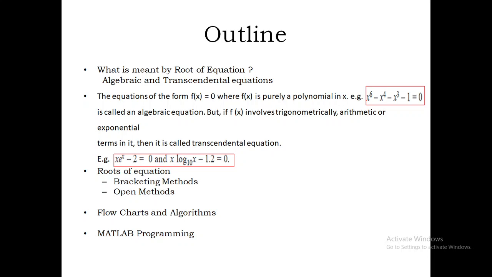The bracketing method is divided into two types: the bisection method, also called the half interval method, and the false position method, or regula falsi method. The second is the open method, which has two types: the Newton-Raphson method, and the one point iteration or successive approximation method. After that we will see the flowchart, algorithm and MATLAB programming.